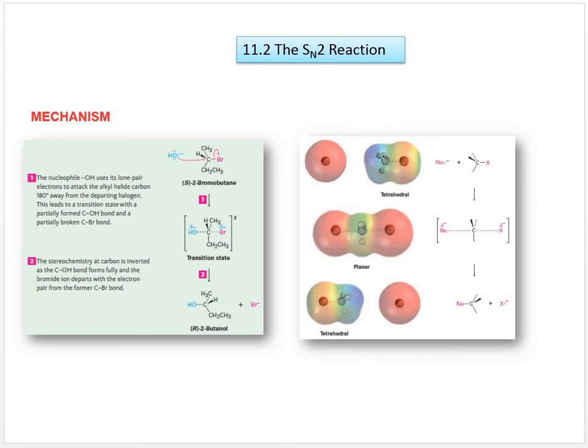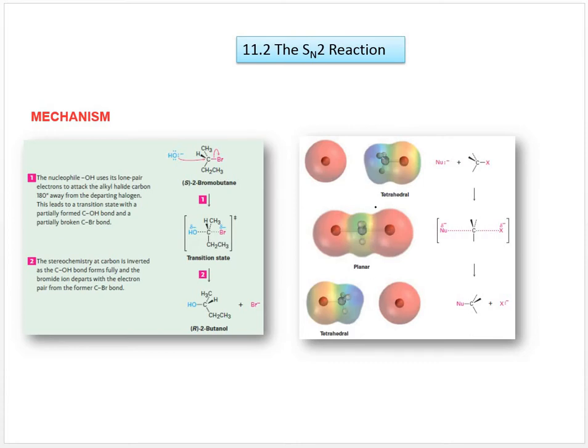If you look here in the reactants, there are 3 hydrogens around carbon, and they are facing towards the nucleophile. But in the product, what happened? These hydrogens are not facing the nucleophile or bonded nucleophile. They are facing the right side. Here it was facing the left side, here the right side.